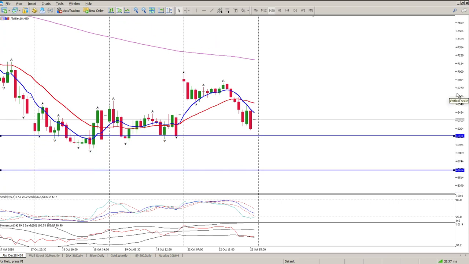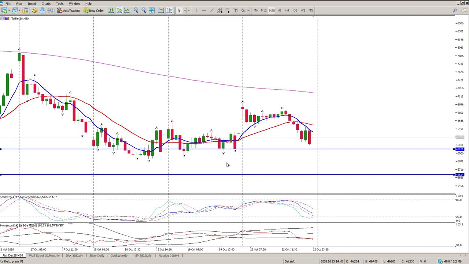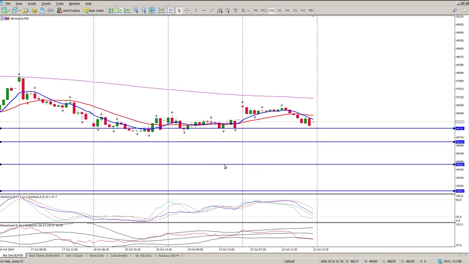And the question is, where are we going to? So first target is going to be this gap at 46,100. Next target is going to be around 45,600. And then we have 44,800.